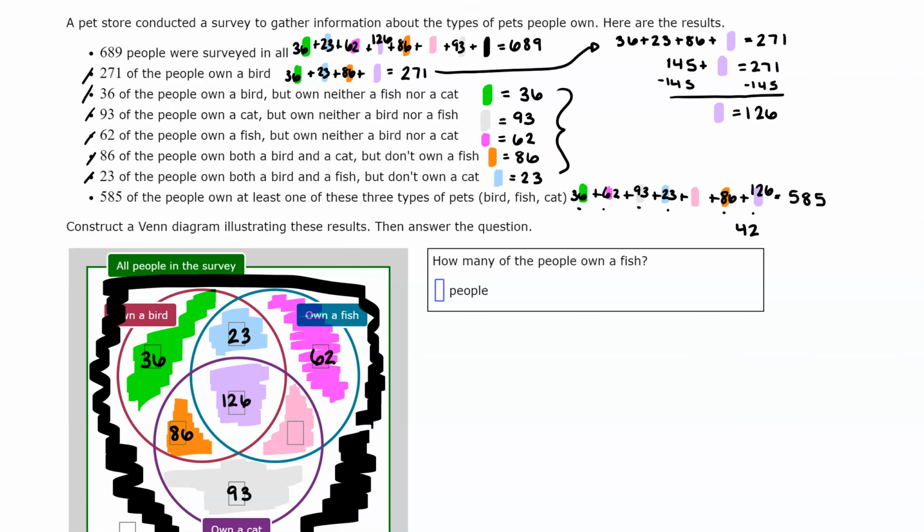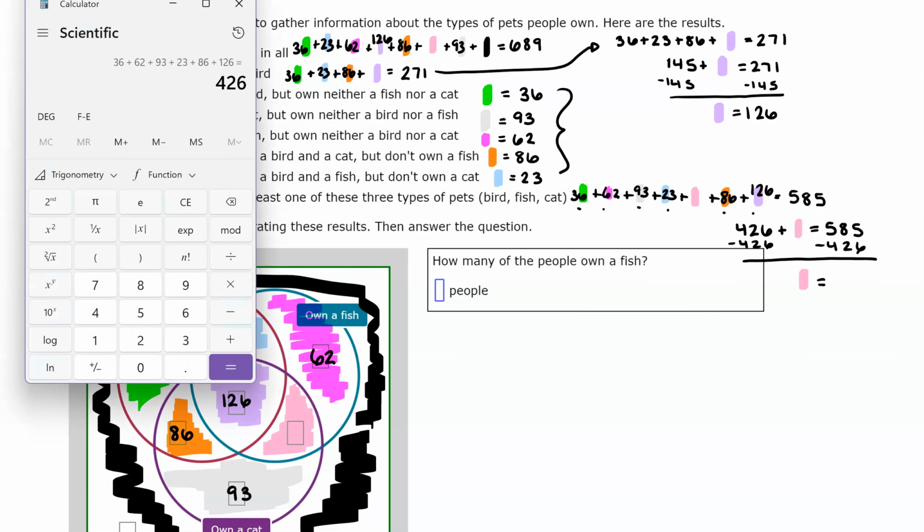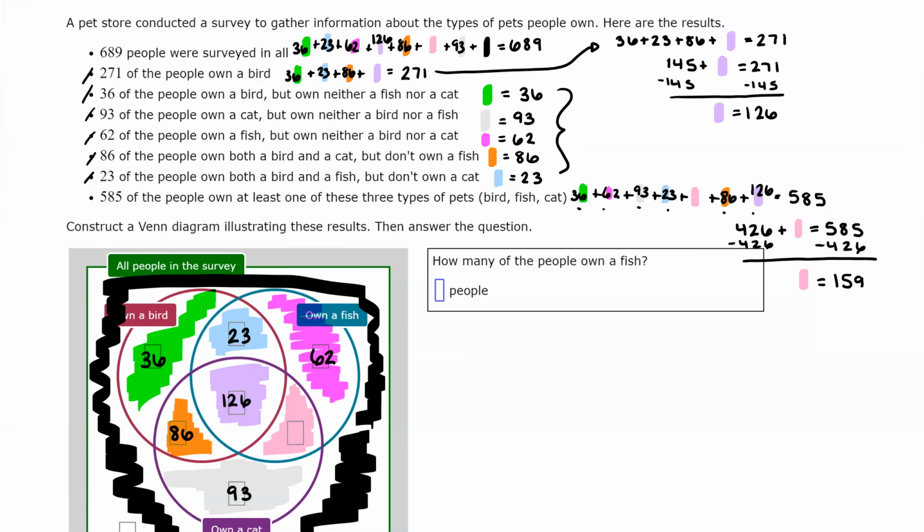So 426 plus pink has to equal 585. So to solve, I'm just going to subtract 426 from both sides. And I get pink equals 585 minus 426 equals 159. So in the pink room, there are 159 people. And I can fill in the pink here, 159.